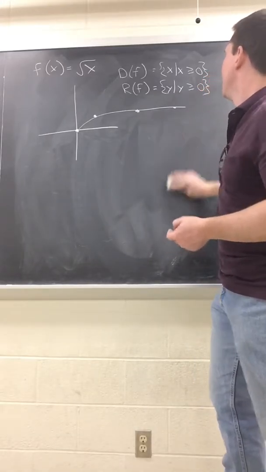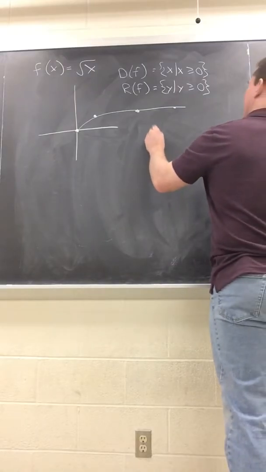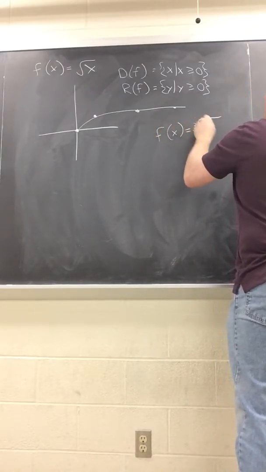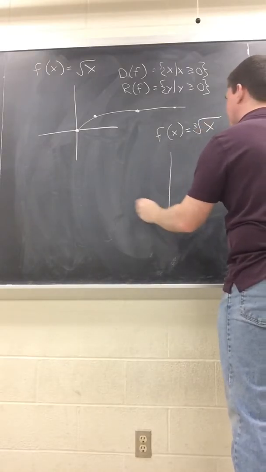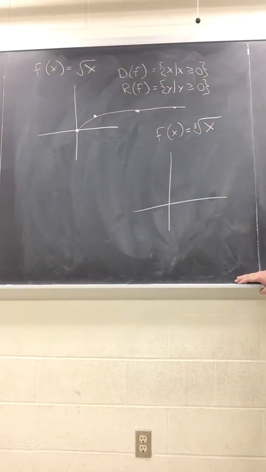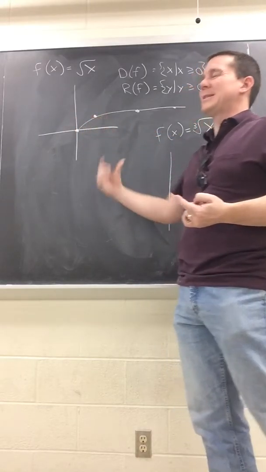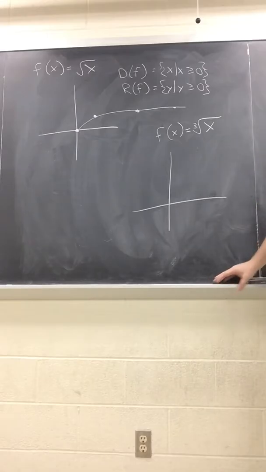So now, since we know that one, we can do f of x equals the cube root of x. And now again, if you use a little bit of intuition, if the square root graph is essentially the square turned on its side, it would be logical the cube root graph is like the cube graph, only turned on its side.